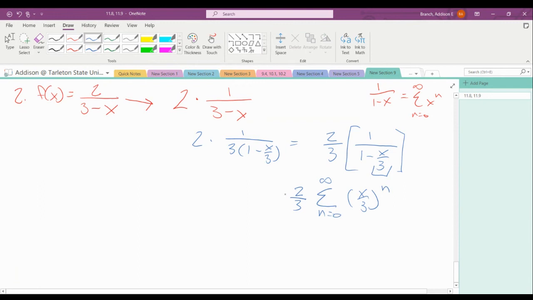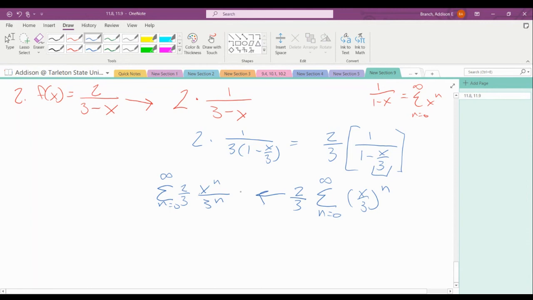Now if we want to, we can clean this up a little bit more, get the x off in its own little world and then smush everything else together. So we can put that 2/3 back in there. We can say we have x to the n over 3 to the n to get the x by itself.